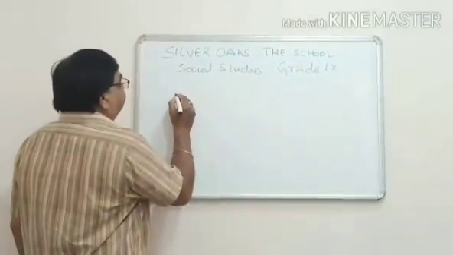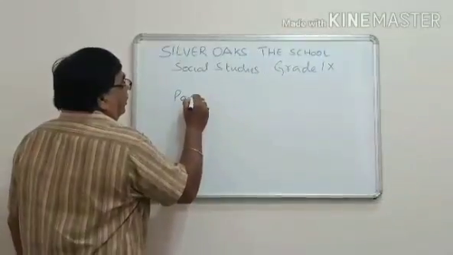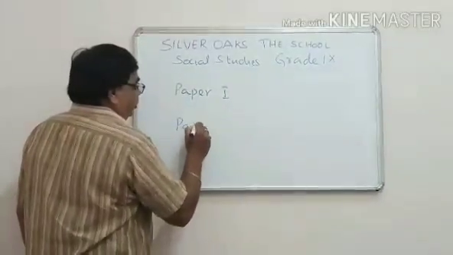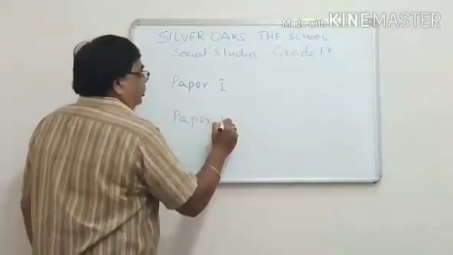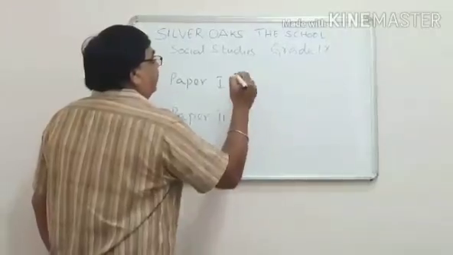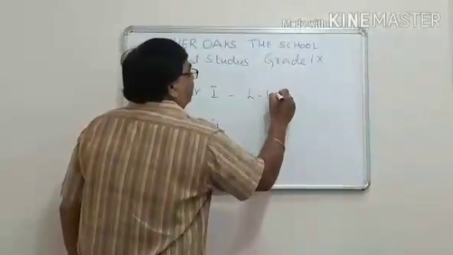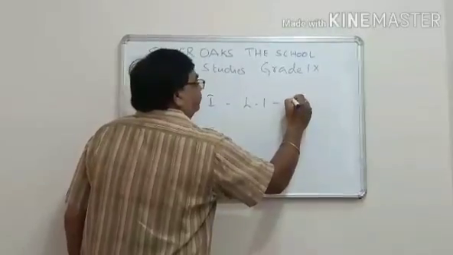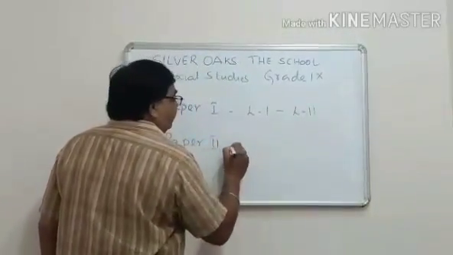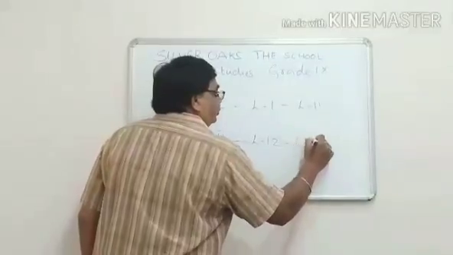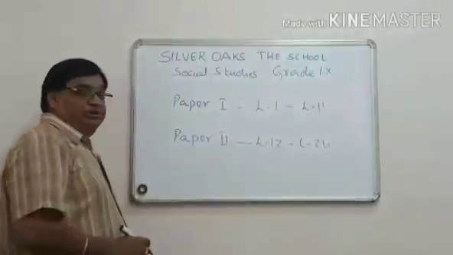Paper 1 and paper 2. See, the lessons from 1 to 11 come under paper 1, and the lessons from 12 to 24 come under the second paper.